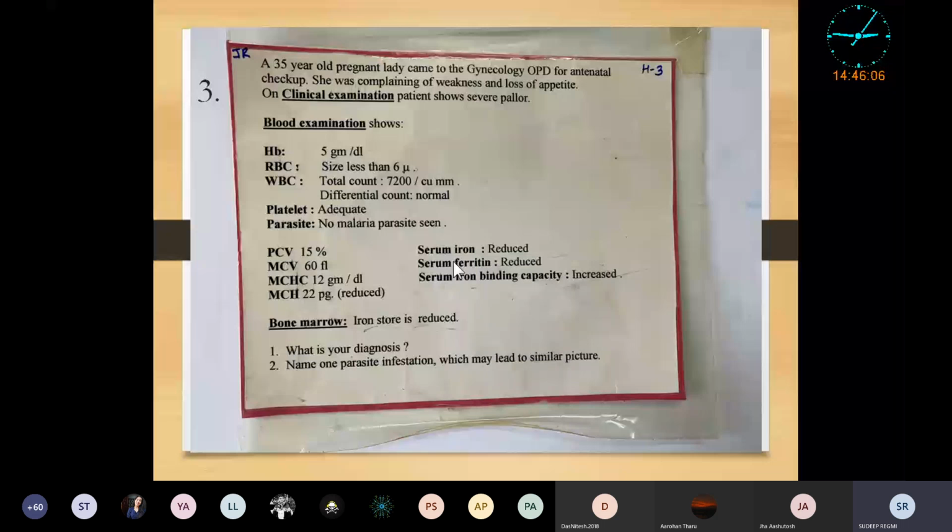But if this is given, then this is definitely an iron deficiency anemia, because we have seen in the bone marrow also iron store is reduced, and in serum also total serum iron is decreased, serum ferritin is decreased, and TIBC is increased. So this is definitely an iron deficiency anemia.